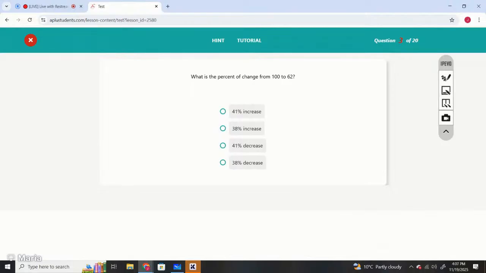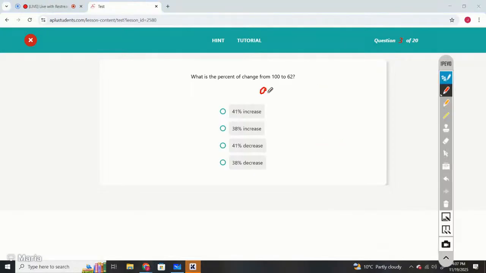What is the percent of change from 100 to 62? So 100 to 62, that is a decrease, right? We need to calculate the amount of change, that is 62 minus 100, so that is negative 38.